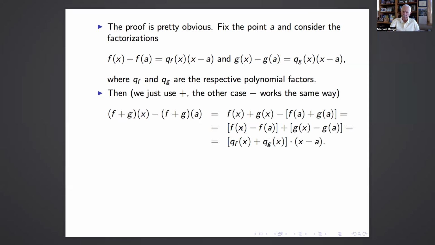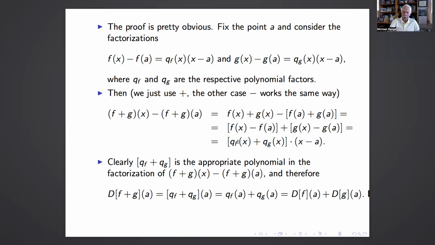You have f at x minus f at a plus g at x minus g at a, and the first part is q sub f at x multiplied with x minus a, and for the second part, g of x minus g of a, we can replace this with the factorization q sub g at x times x minus a.